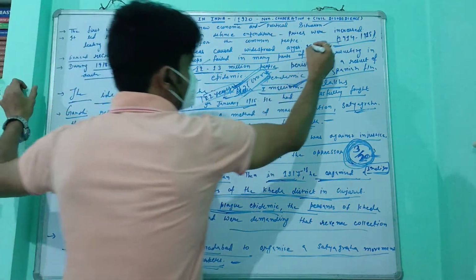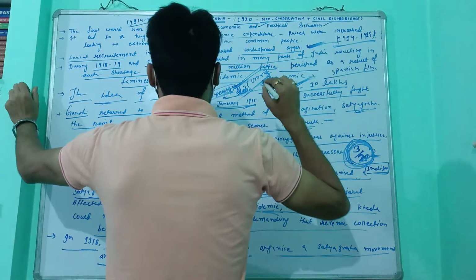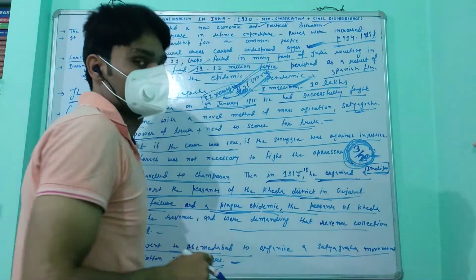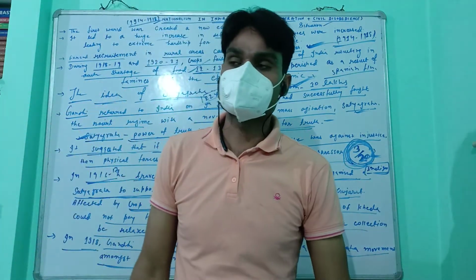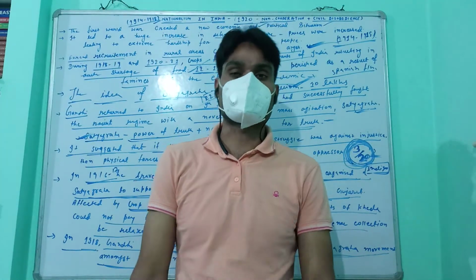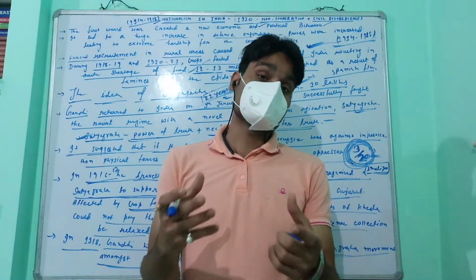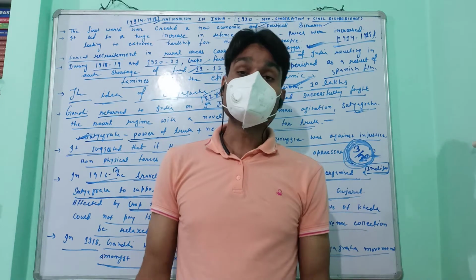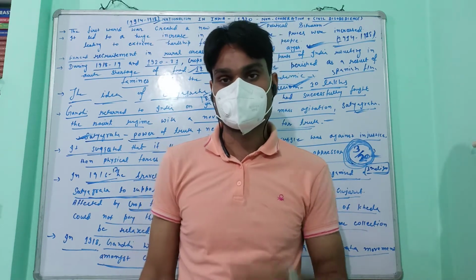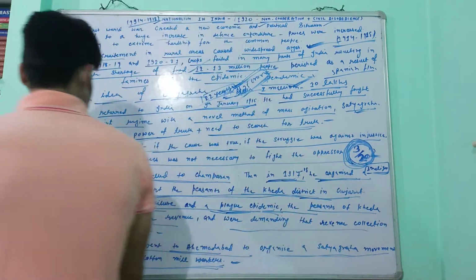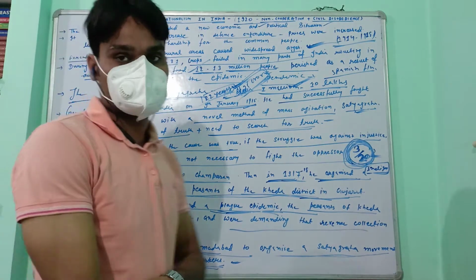But what was the main cause of people's anger? They were forced to join the British Army, because the British Army needed manpower, and they forced Indians to join it.